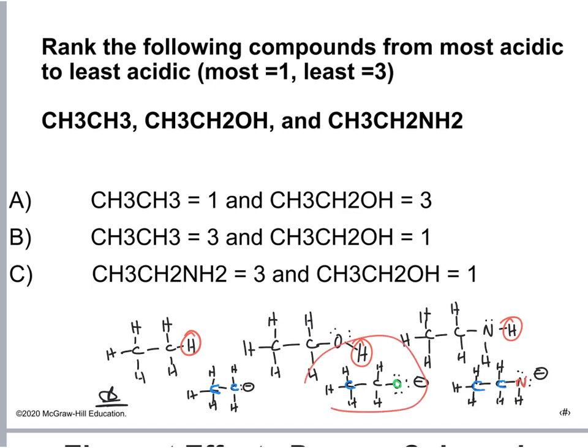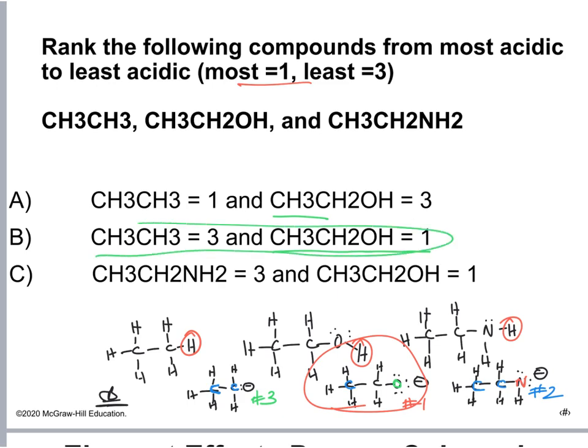So this one is going to stabilize the negative charge the most. The most acidic would be number 1, because it's going to be the most stable. Then this would be number 2, and this would be number 3. So number 1 is the alcohol here, and number 3, so this would be your answer.